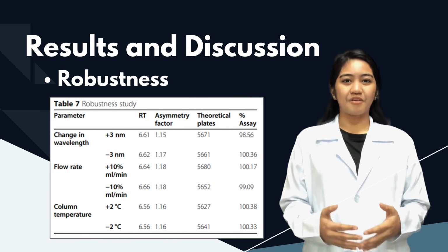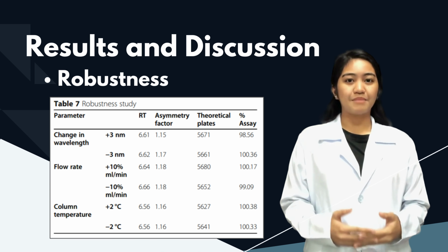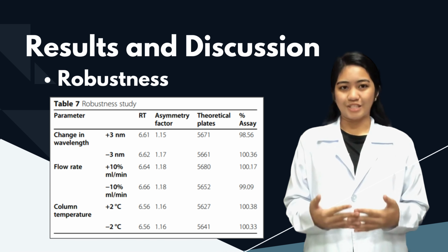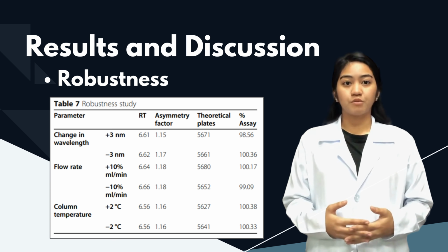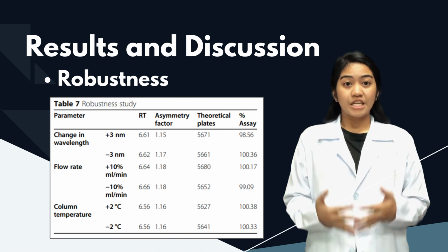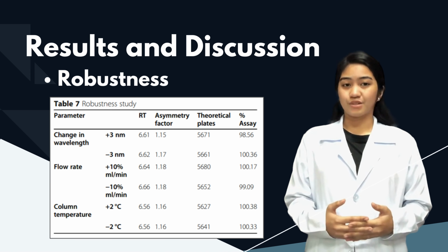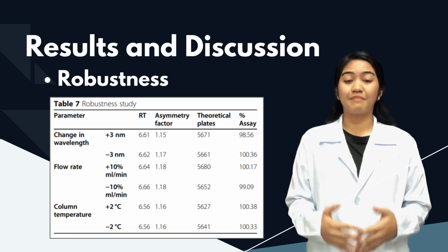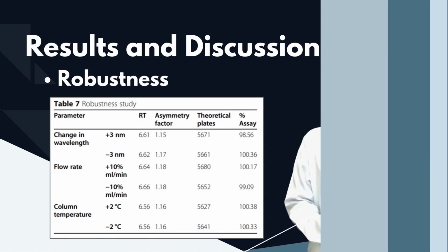The robustness of the method was evaluated by making small deliberate changes in the chromatographic conditions. The method was found to be robust because the changes did not significantly affect the results, indicating that it can produce reliable results even with minor changes in the method parameters.